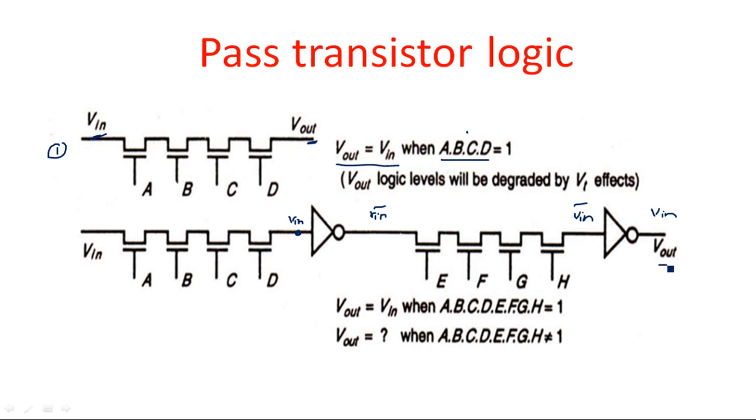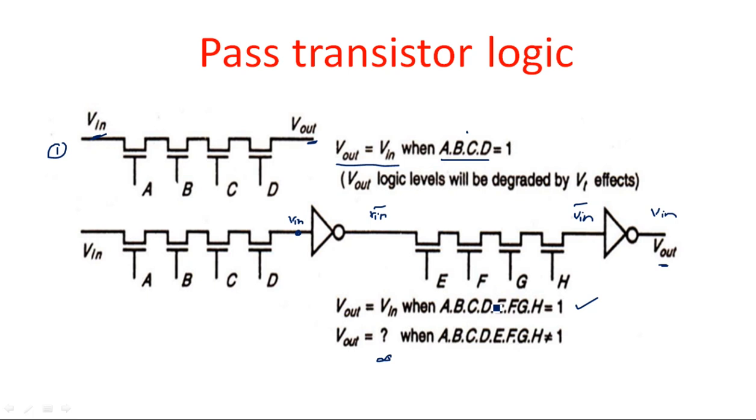So V out is equal to V in when all these control inputs are at logic high, and V out is simply high impedance or open circuit when any one of these control inputs is equal to 0. This is the pass transistor logic.